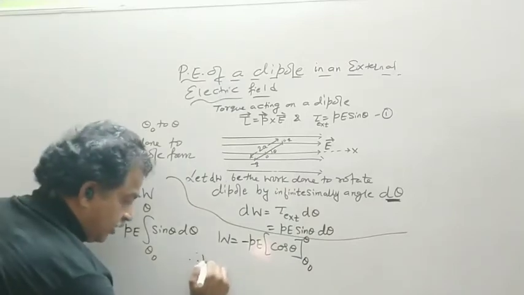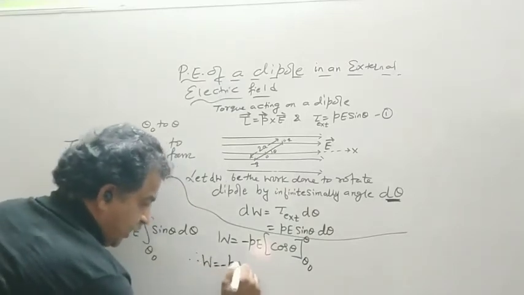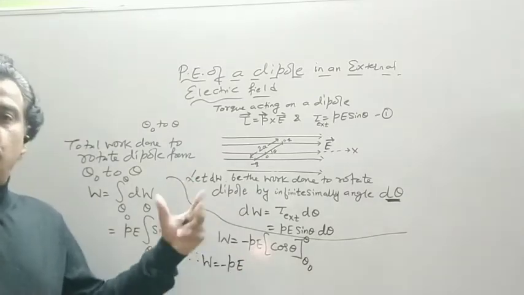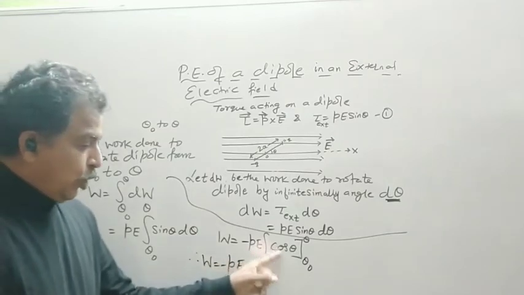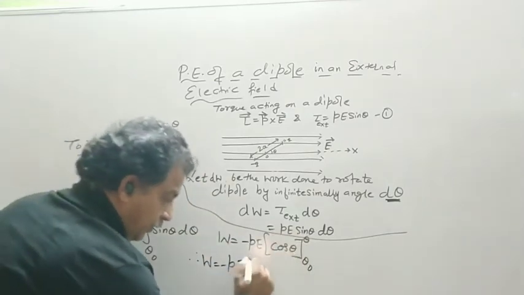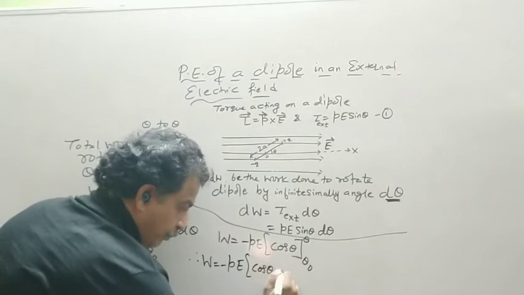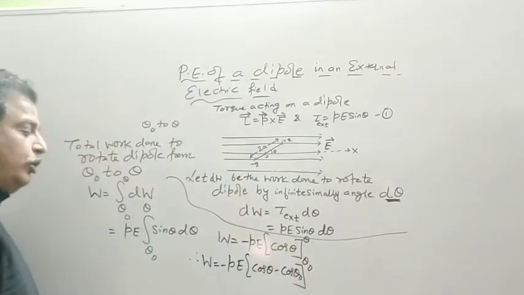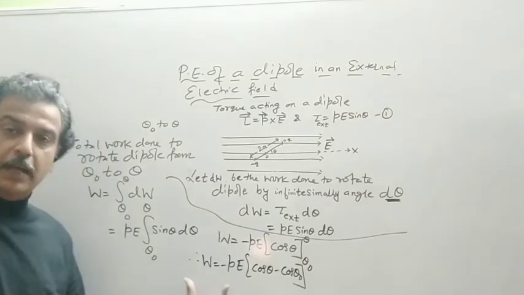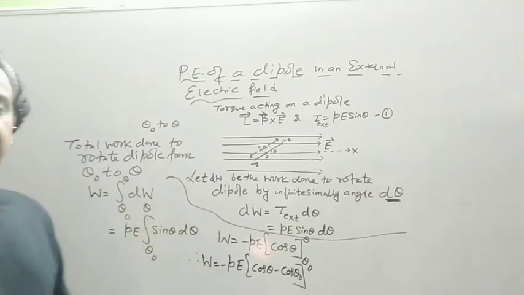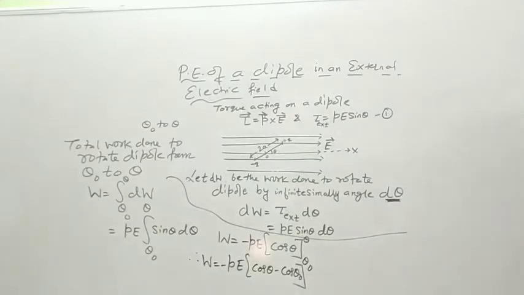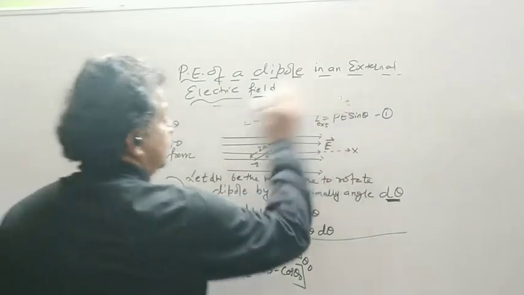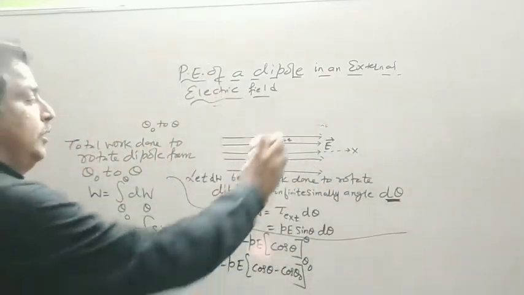Therefore W is equal to minus PE, where you know P is a dipole moment, that is Q into 2A, cos theta, final minus initial. So cos of final minus cos of initial. Now this much amount of work has to be done to rotate a dipole from theta naught to theta. This is the amount of work done.